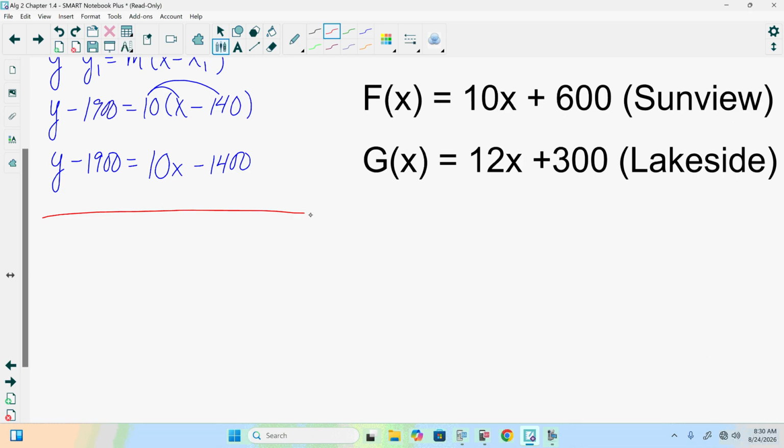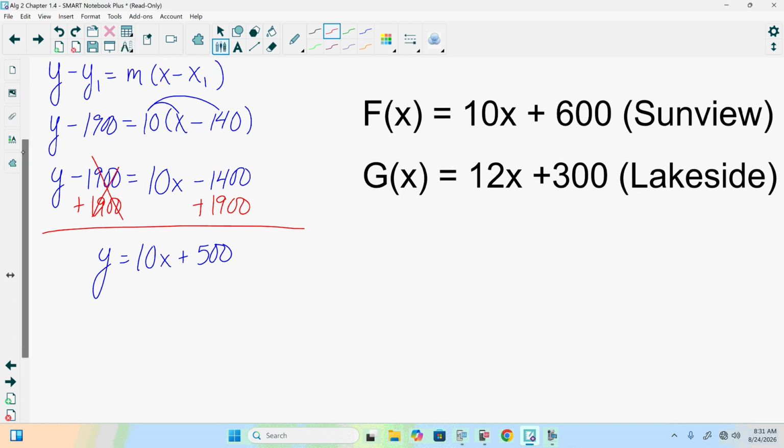We can add 1900 to both sides. Negative 1400 plus 1900, negative 14 plus 19 would be plus 500. You don't have to rewrite it underneath the other two. I'm just going to write it there.